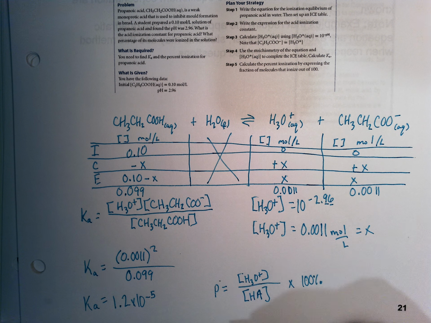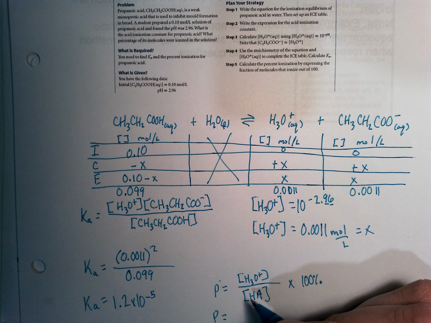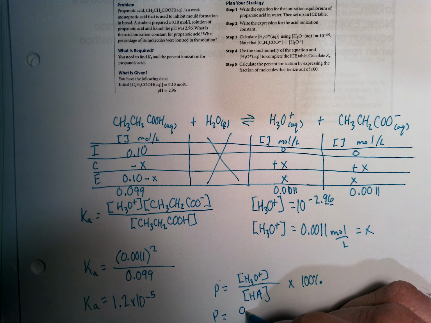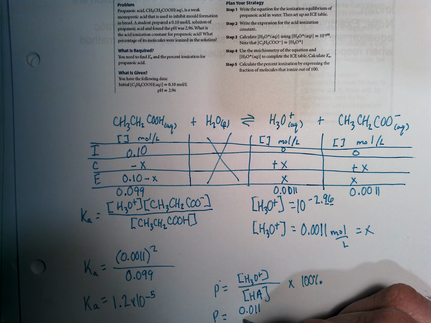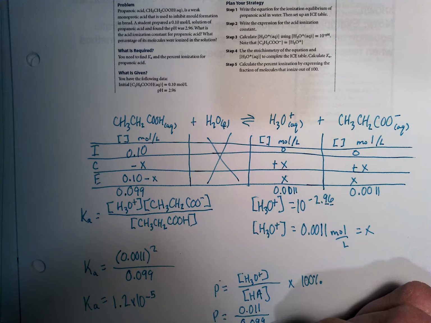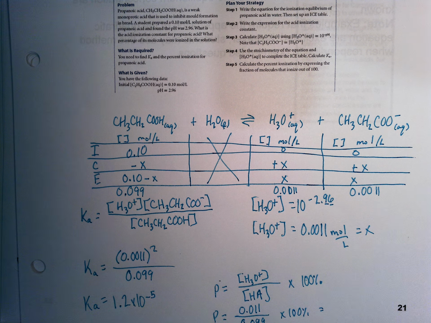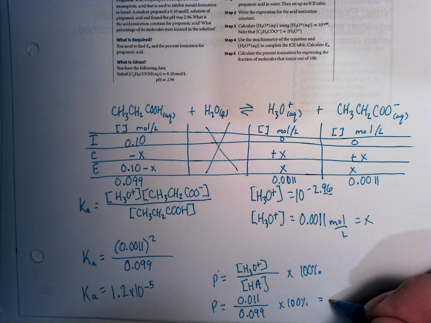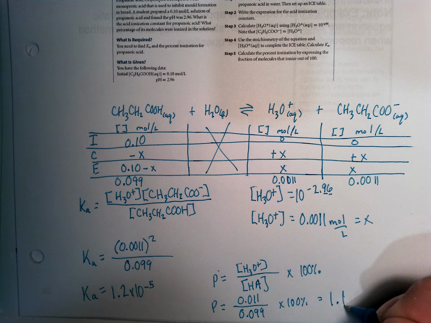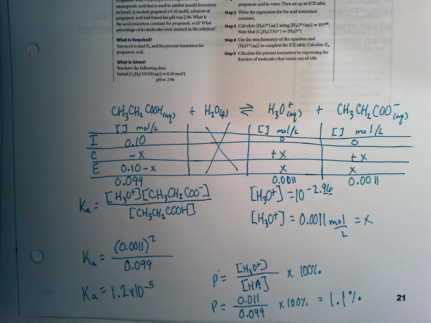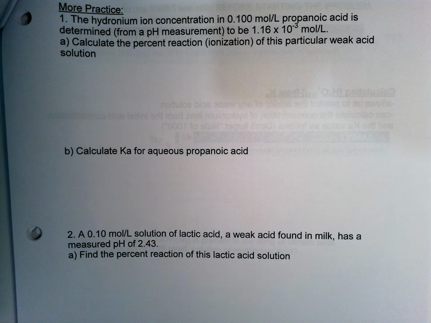That gets our percentage. So in this case, we just put our numbers in: hydronium 0.0011 divided by 0.099 times 100% equals, and we get 1.1% ionization.